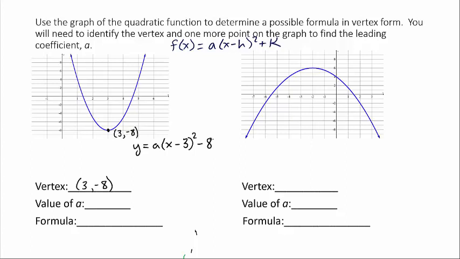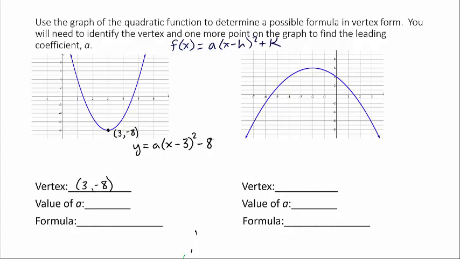So x minus h, h is 3 in our case, and k is negative 8. So I'm just plugging that into the general form for the vertex form. Okay, so I know that much about the function, but I still need the value of a. That's still a parameter that I need to find.